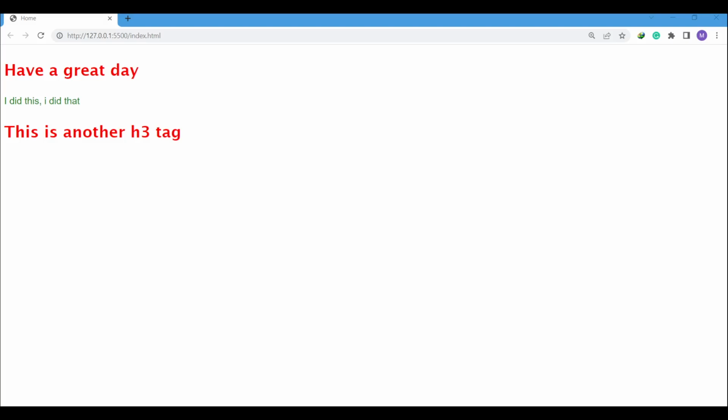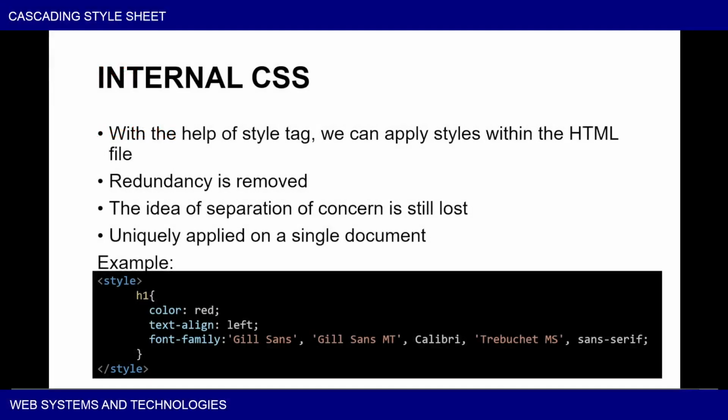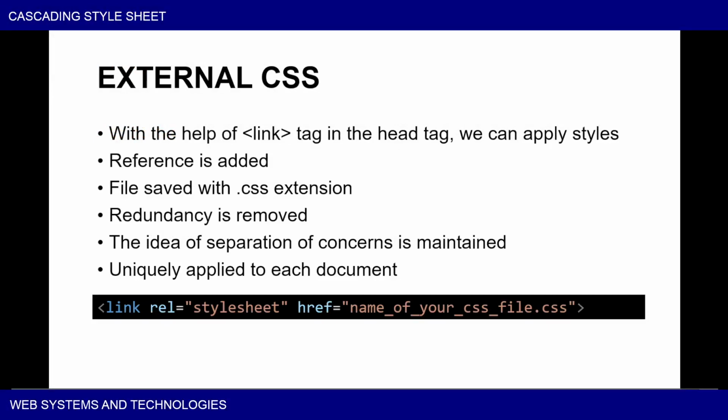Okay, so let's move on to the next. We have the external CSS. So what is an external CSS? So to use that, we need the help of the link. So this is a tag also which we put on the head tag of HTML.